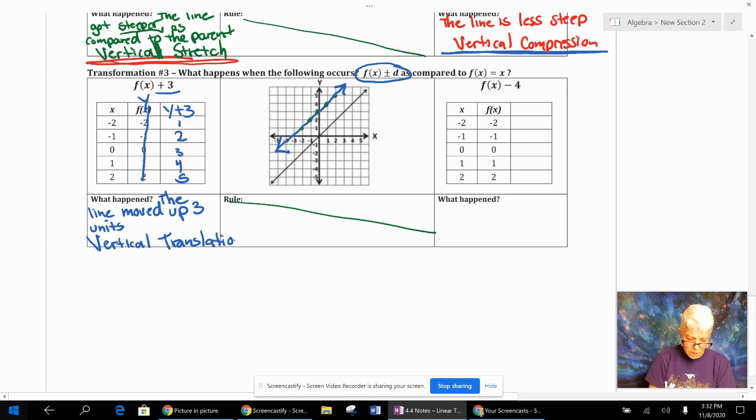So we've talked about a stretch, got steeper. We talked about a compression, it kind of flattened out. Now we're talking about a translation. And this, if you remember from last year, is like a slide up and down. And it's not just a vertical translation, it's a vertical translation up 3 units.